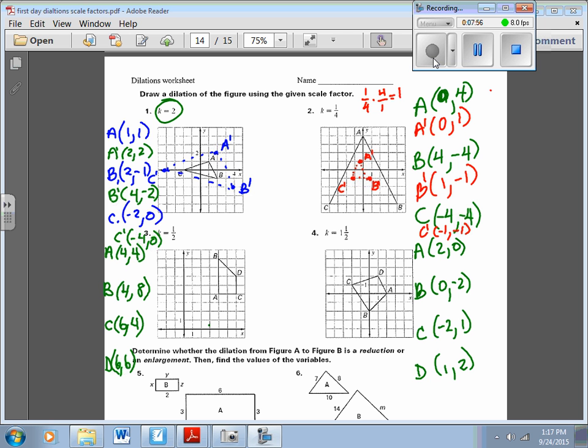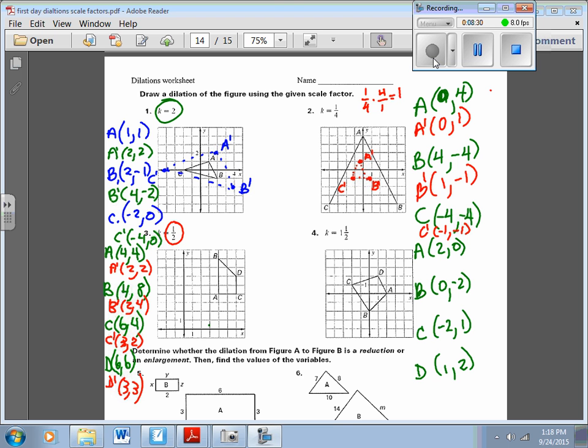And for number 3, the values are all being cut in half. So A prime, half of 4 is 2, half of 4 is 2. B prime, half of 4 is 2, half of 8 is 4. For C prime, half of 6 is 3, and half of 4 is 2. And for D prime, that would be 3, 3.